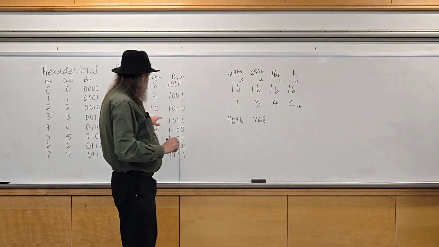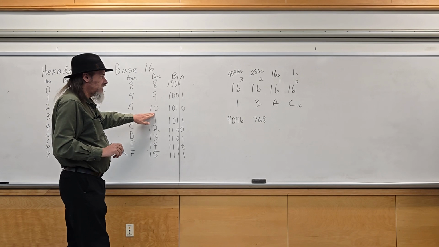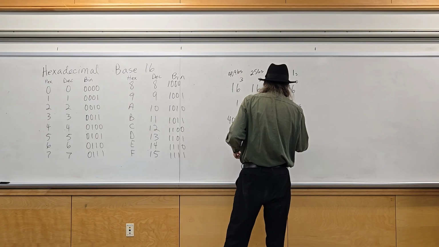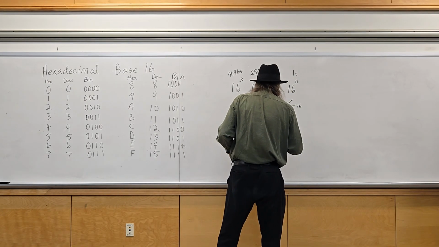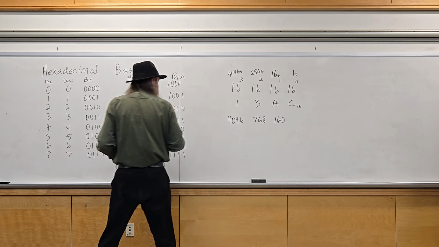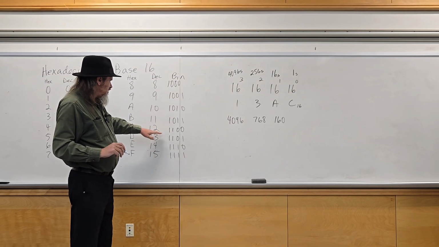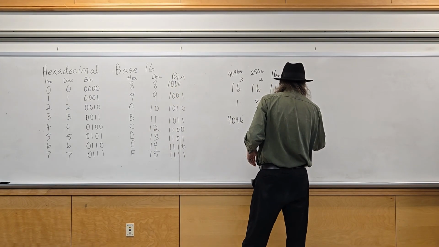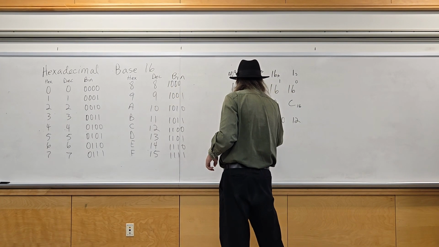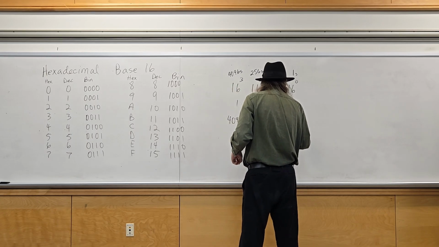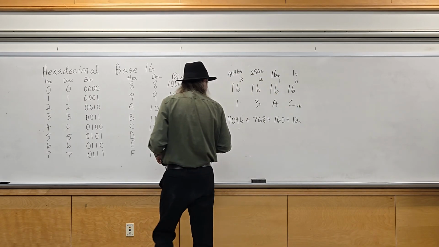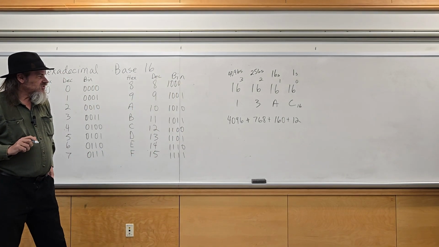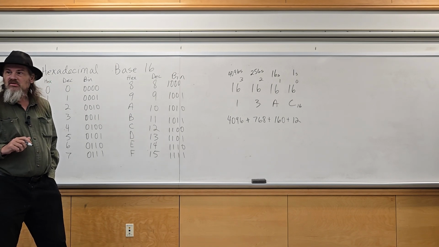A corresponds to the decimal value 10, so it's 10 times 16, which is 160. And C corresponds to 12, so 12 times 1 is 12. Now, if somebody has a calculator, they can add this up for me: 4096 plus 768 plus 160 plus 12.